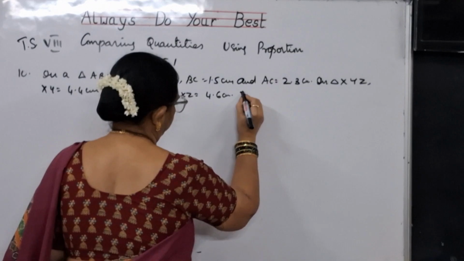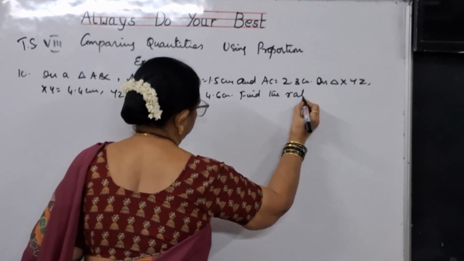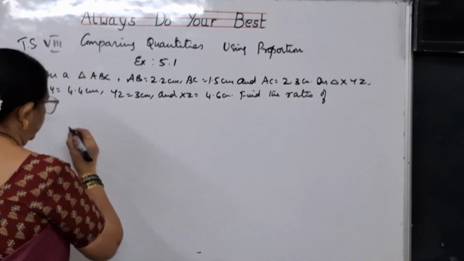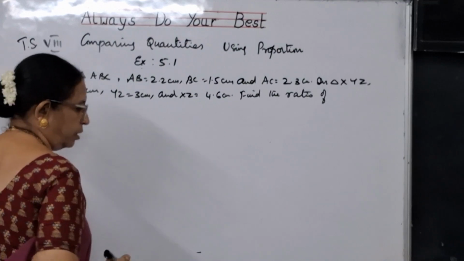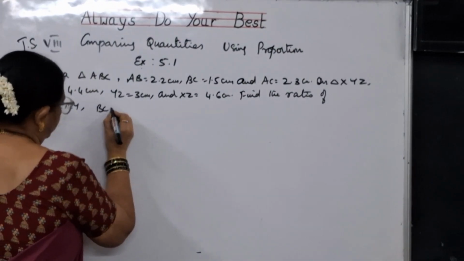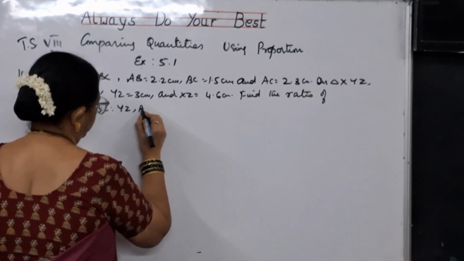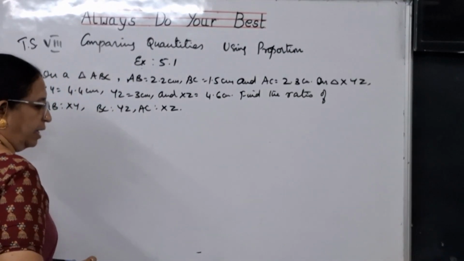Then they are asking to find the ratio of AB is to XY, BC is to YZ, AC is to XZ.